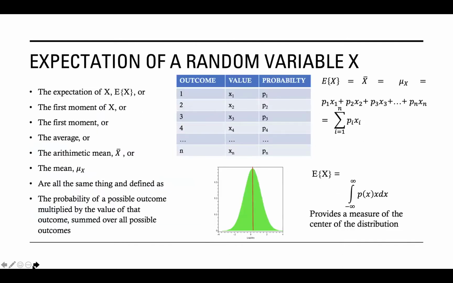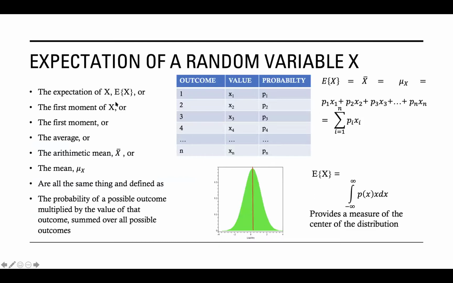So the first thing we can talk about with our random variable is its expectation. The expectation of x, which we will write as big E of x. That's how we're going to read this over and over again, the expectation of x. But we might very well call it other words.